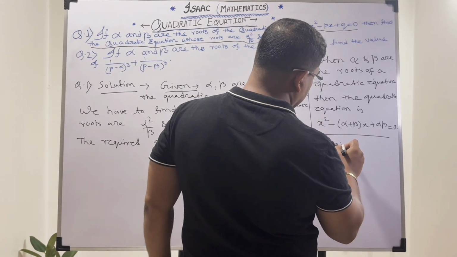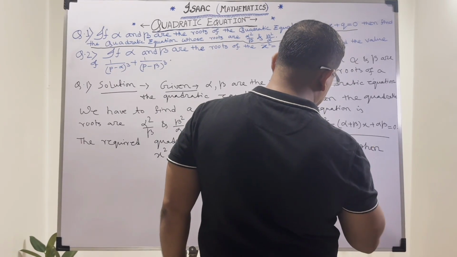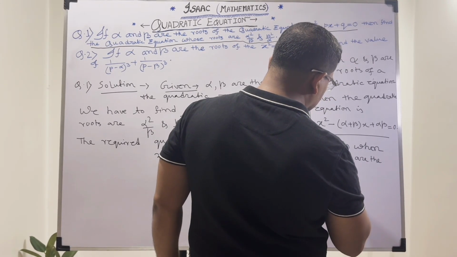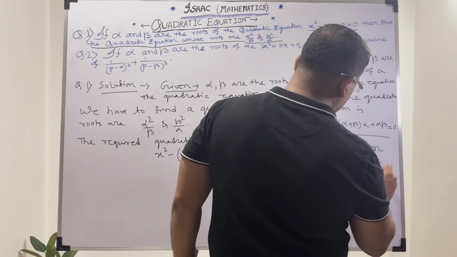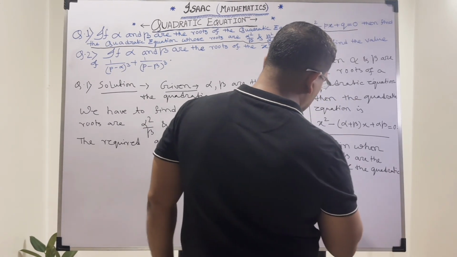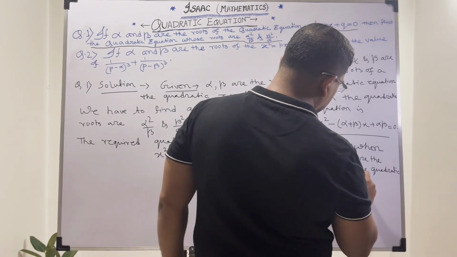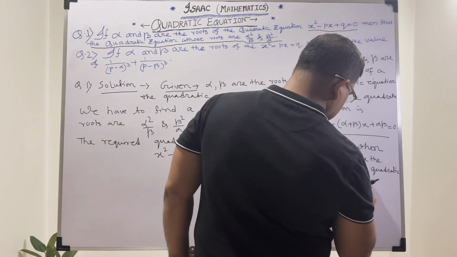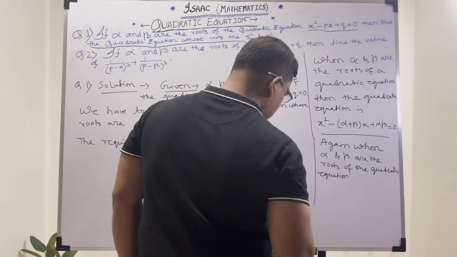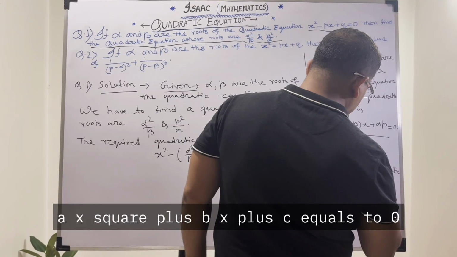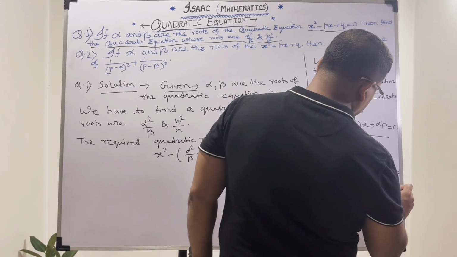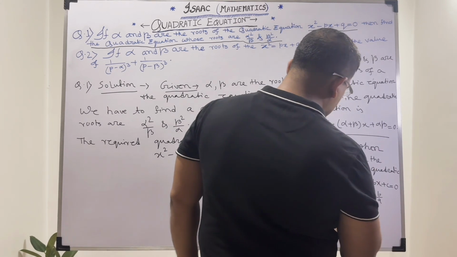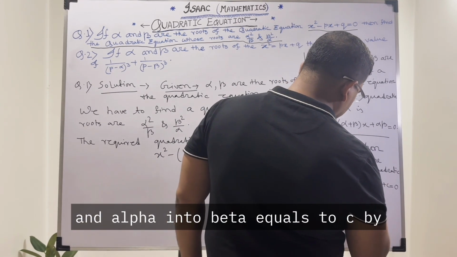Again, when alpha and beta are the roots of the quadratic equation ax square plus bx plus c equals to 0, then alpha plus beta equals to minus b by a and alpha into beta equals to c by a.